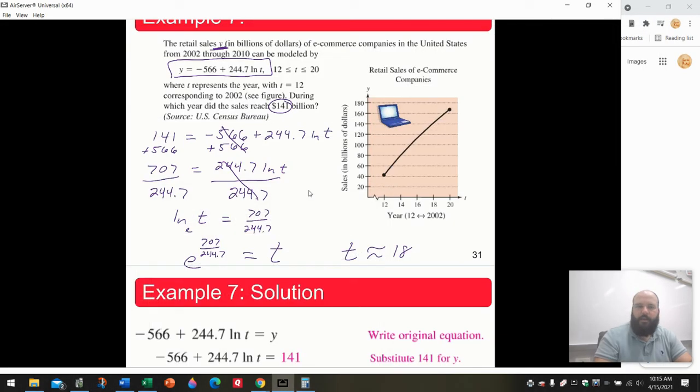Well, they did say that t equals 12 is 2002. Now, our t is roughly 18, so that is 6 more than 12, which means it will be 6 more than 2002. So what that means is that in about 2008, the online sales will reach $141 billion.